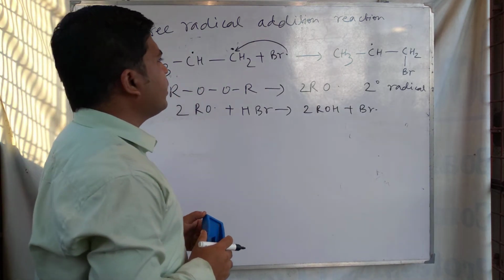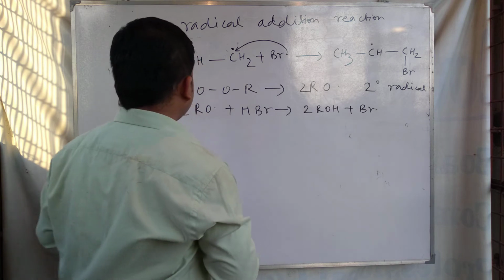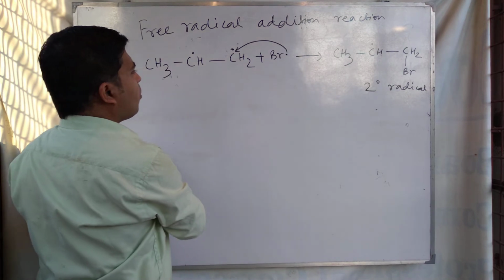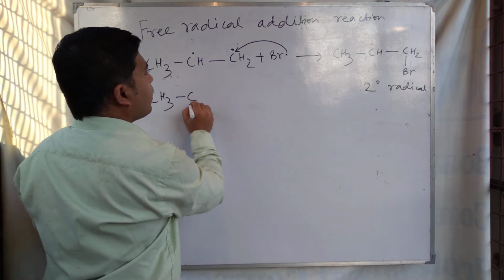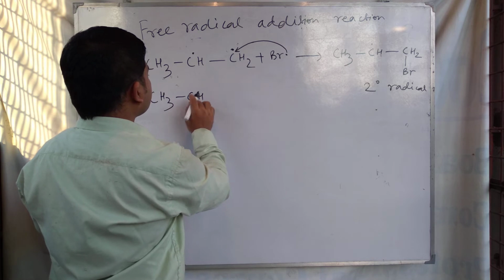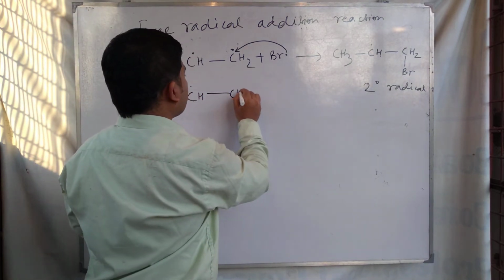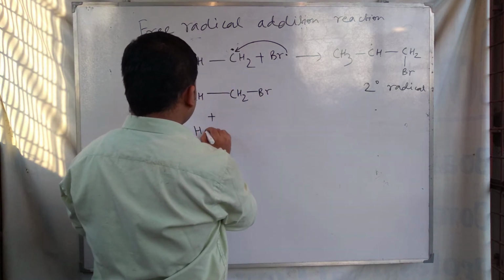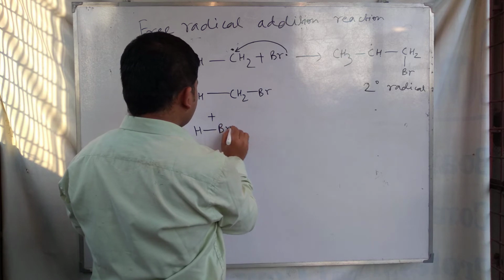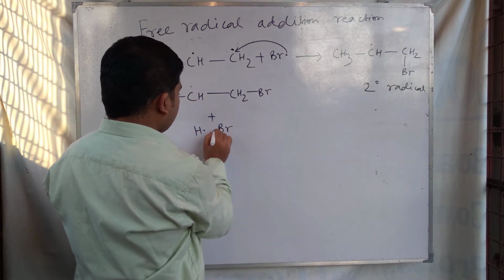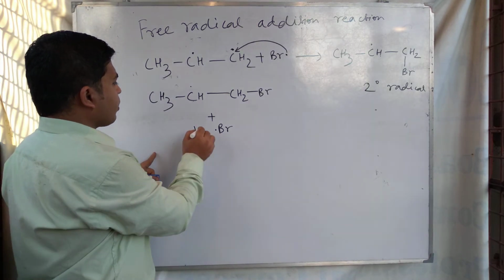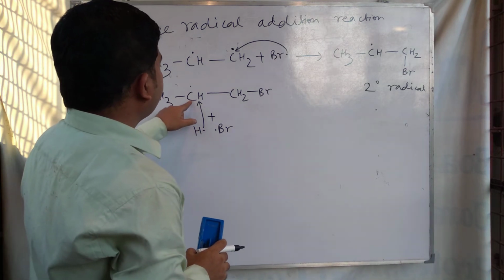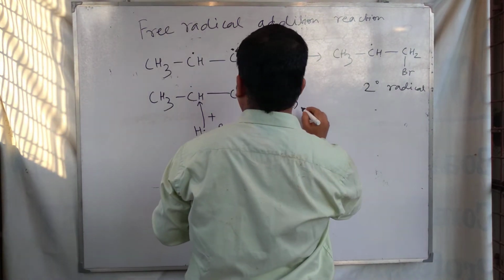After forming this free radical, in the next step this will react with another HBr, where we can consider HBr as H dot and Br dot, and this H dot is added to this CH dot, forming a product.